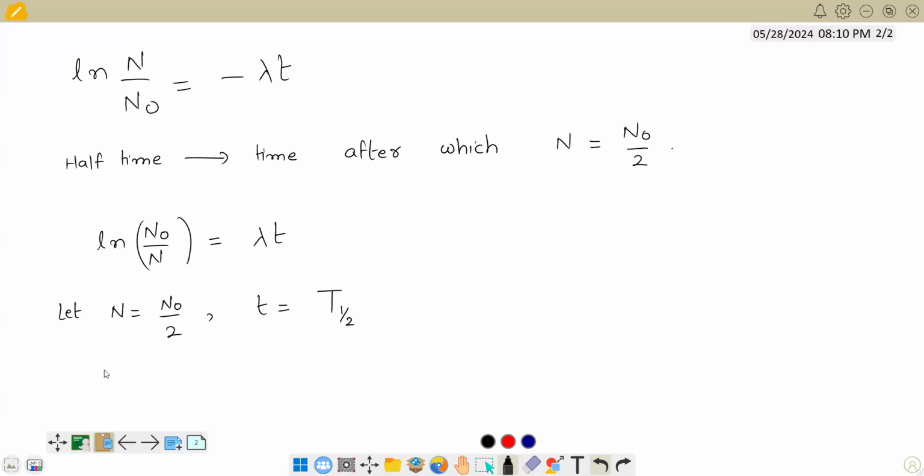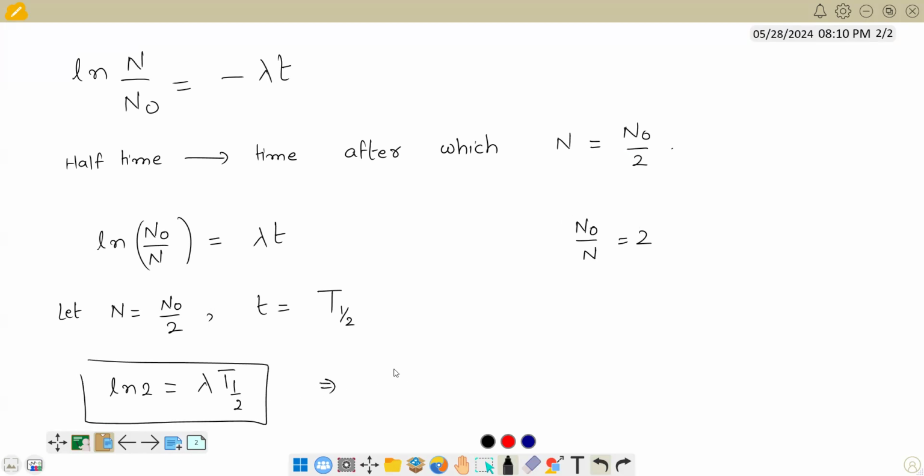N naught by N becomes 2. So we get ln 2 equals lambda into t half. Half time would be equal to ln 2 by lambda.